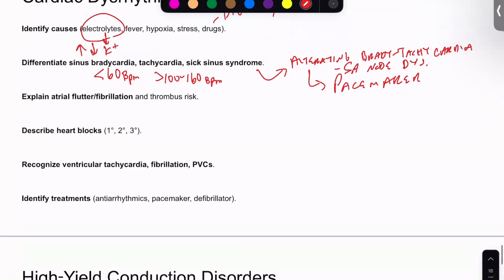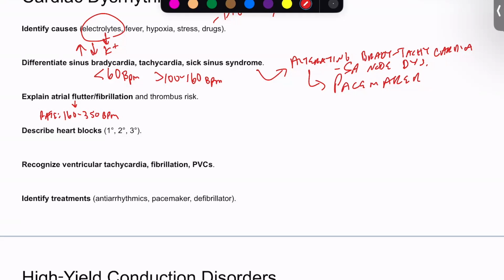So atrial flutter slash fibrillation. Atrial flutter is going to be when our atrial rate goes from about 160 to 350 beats per minute. That is incredibly fast. Because of that, our AV node is actually blocking a lot of the impulses, and that decreases our ventricular rate.